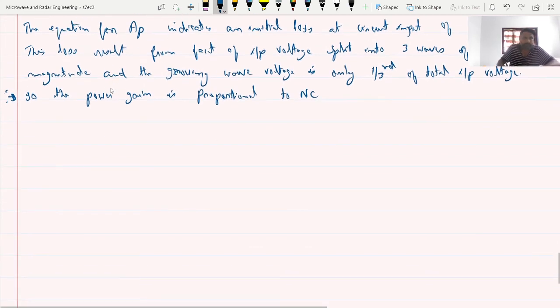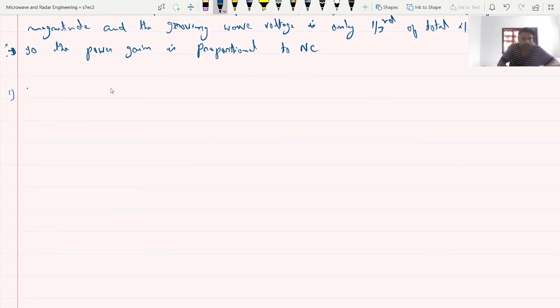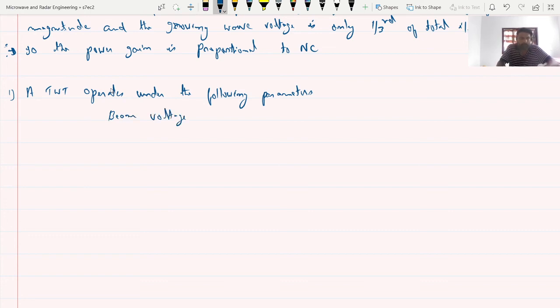One numerical problem. A TWT operates under the following parameters. Beam voltage V naught is equal to 3 kilovolt. Beam current I naught is equal to 30 milliampere.